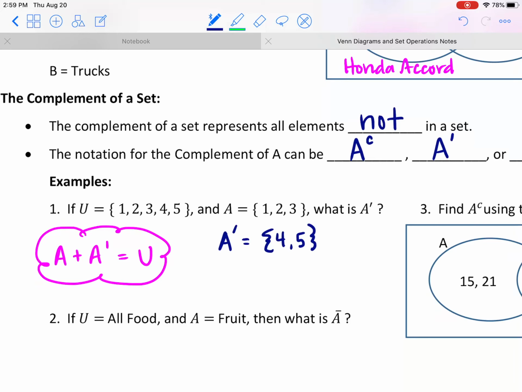Well, all the food that isn't fruit. So if A is fruit, A's complement is food that isn't fruit. And together, if you added up the fruits with the food that isn't fruits, what would you get? All of the food. So together that set and its complement make up the universal set.